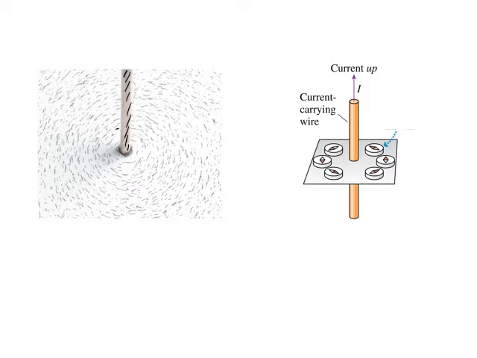The iron filings are sensitive to magnetic fields, and you see they line up in circles around the wire. So Oersted figured out that the magnetic field around a current carrying wire makes big circles. And that's the picture on the left too.